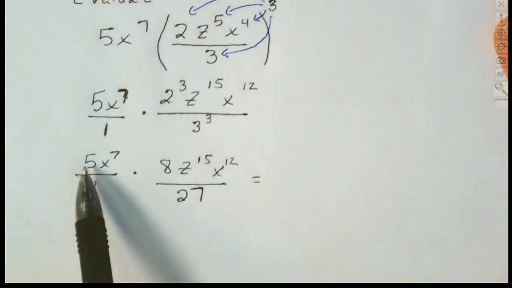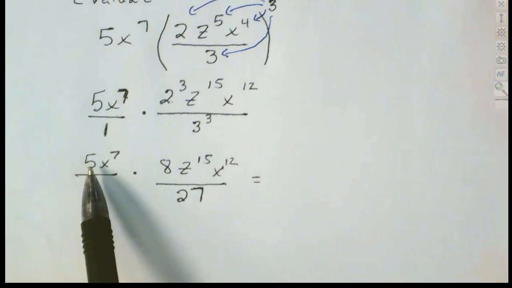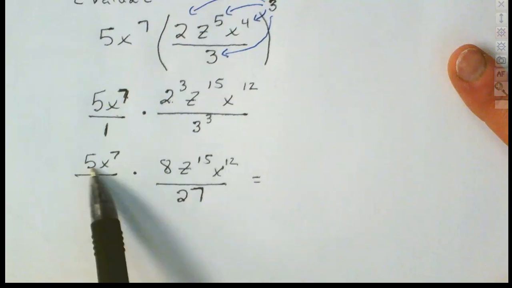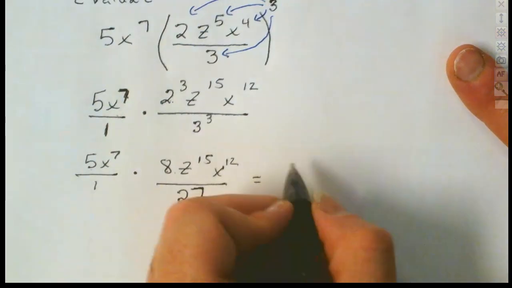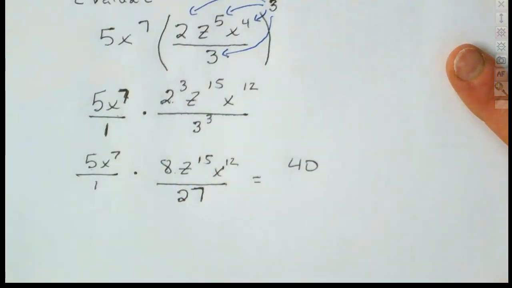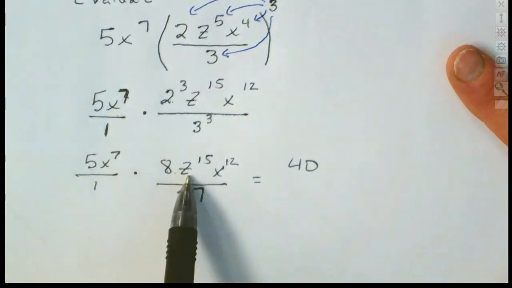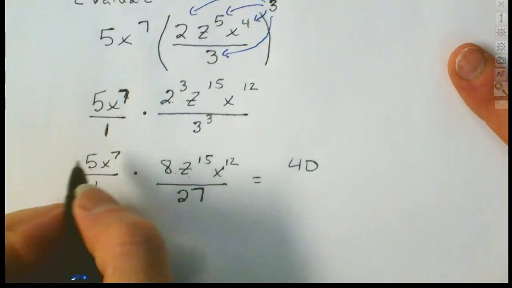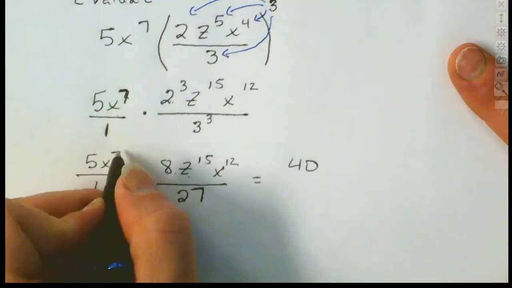So we multiply across the top. Exponents are gone, or sorry, no, parentheses are gone, right? So these exponents are going to add if they have the same base. So 5 times 8, that's a 40, right? Just multiplication there. Now you can either write the z first, or you can write the x first. It doesn't matter. I'm going to just write the x first, because in alphabetical order it's first.